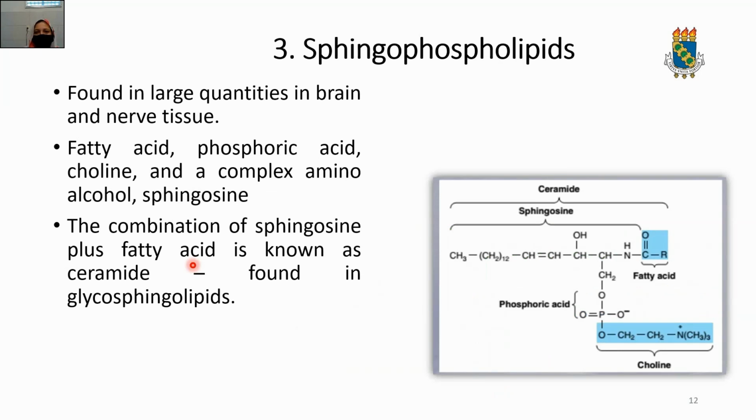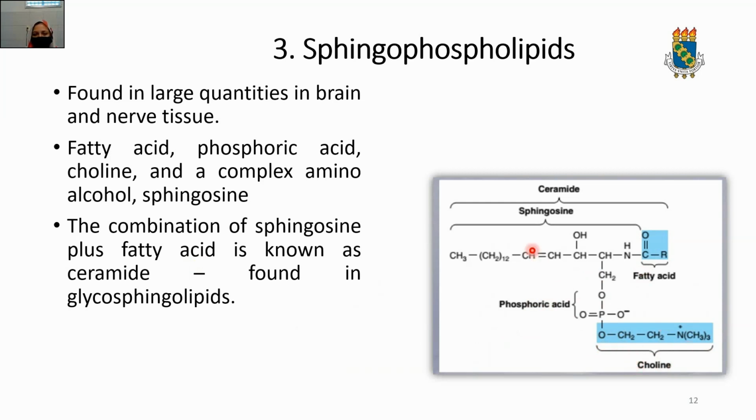Here we come to the third compound lipid, which is the sphingophospholipids. They are mostly found in the brain in large quantities and also in the nerve tissues. If you look at the structure, you can see that they have a fatty acid and a phosphoric group, to which a choline group is attached as the X group.